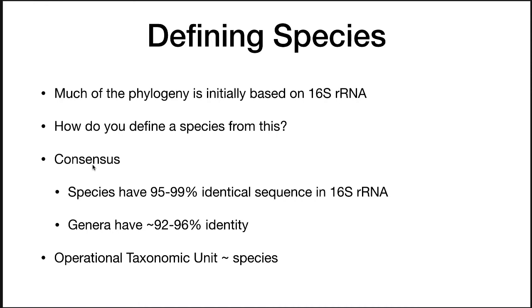Okay, as scientists do this work and they decide, okay, everything above 97% we're going to bin into the same group, they will call that an operational taxonomic unit. They will sometimes assign species names to these OTUs, but understand that's kind of an approximation because all we're looking at is DNA sequence.